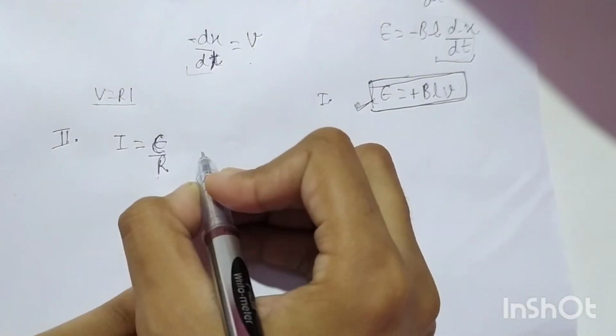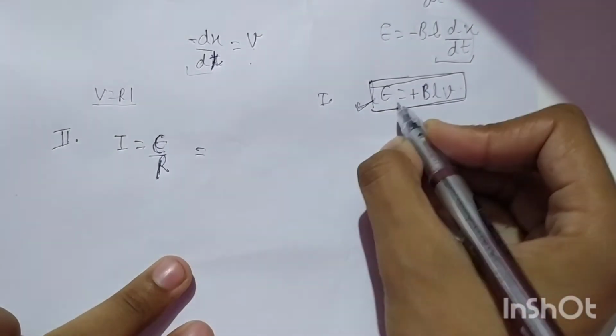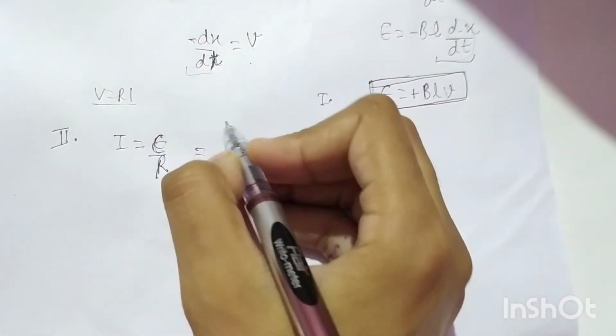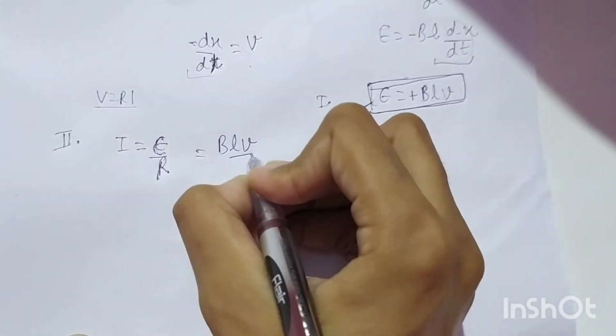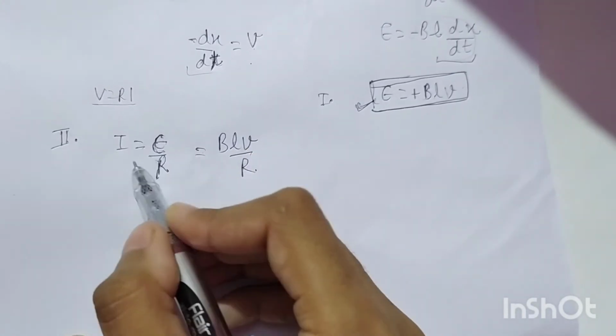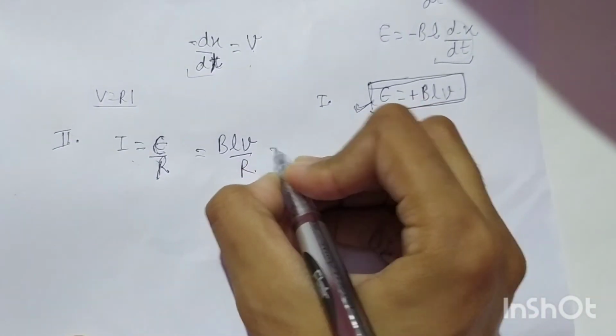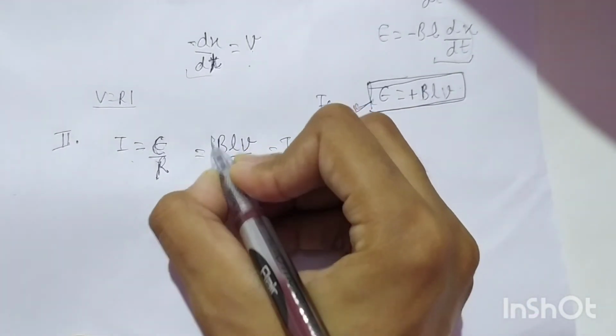We simply put the value of BLV in this equation, and we find BLV divided by R. So this is the value of current induced in the circuit.